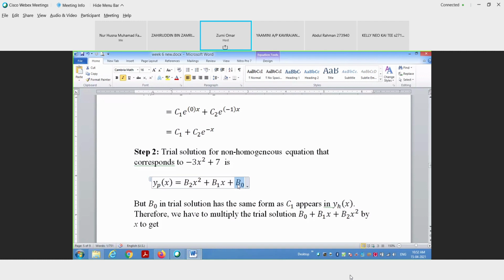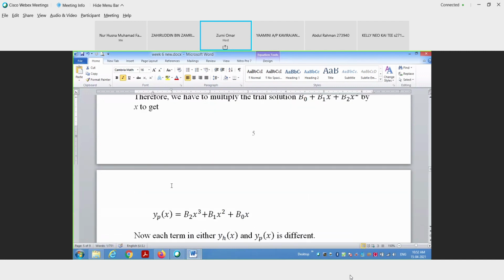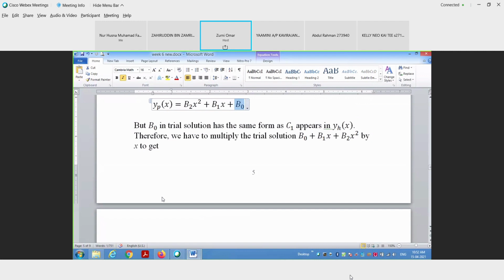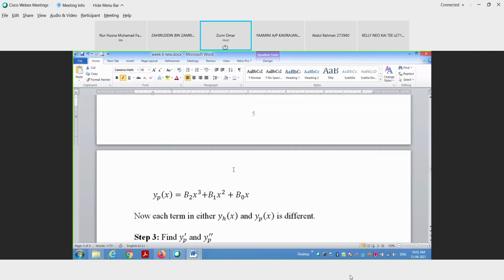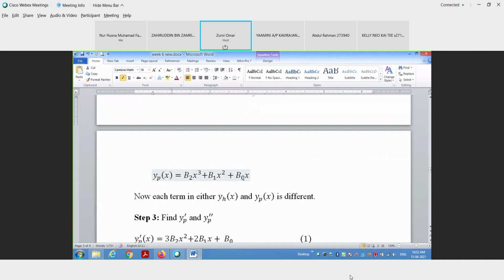So that's why we have to multiply yp by x. So now yp we multiply by x. Now we have b2 x cubed plus b1 x squared plus b naught x. We have this, right?